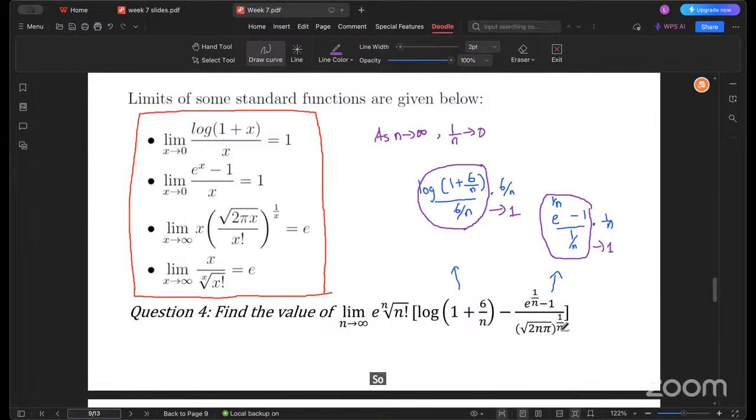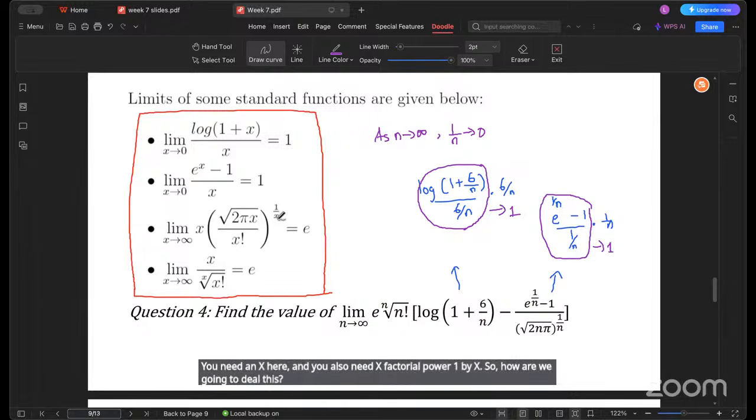It's also divided by 1 by n. See here you have power 1 by x commonly. Remember that. Yes, ma'am. So n factorial to the power 1 by n. You need an x here and you also need x factorial power 1 by x. So how are we going to deal with this? Two things are needed.